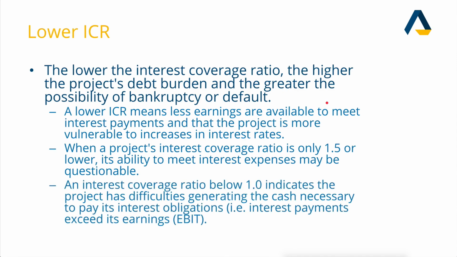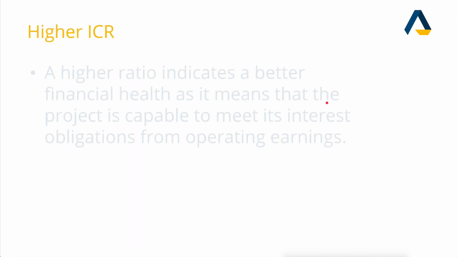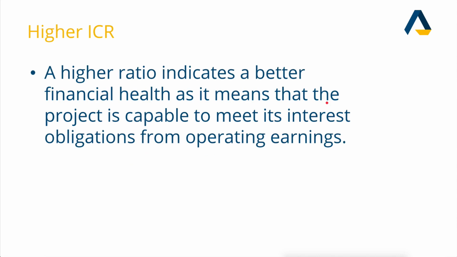An interest coverage ratio below 1.0 indicates the project has difficulty generating the cash necessary to pay its interest obligations. That is, interest payments are exceeding the earnings before interest and taxes. A higher ICR is a good thing and indicates better financial health, as it means that the project is capable of meeting its interest obligations from operating earnings.